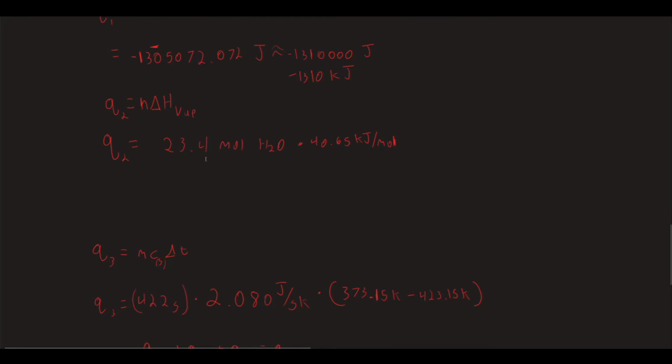Alrighty. What do I want to do now? So 23.4 multiplied by 40.65 equals 951.21 kilojoules.